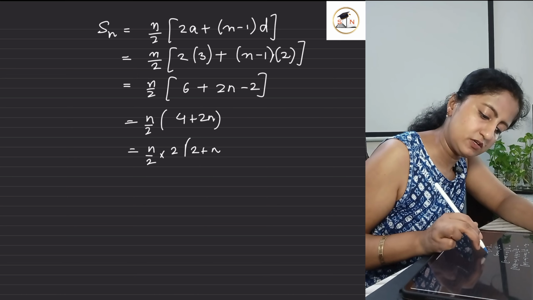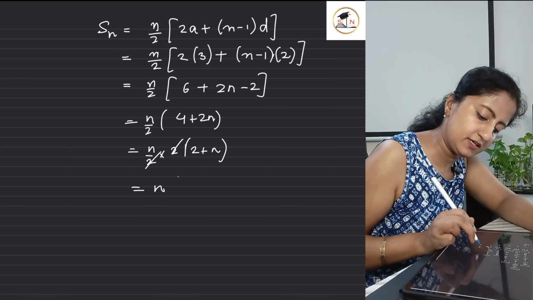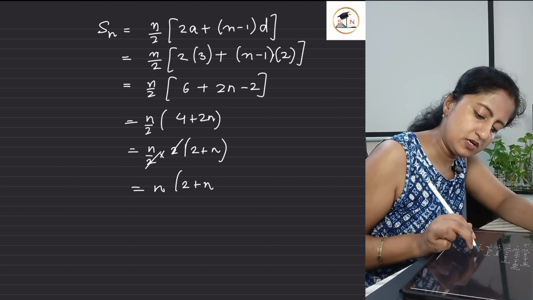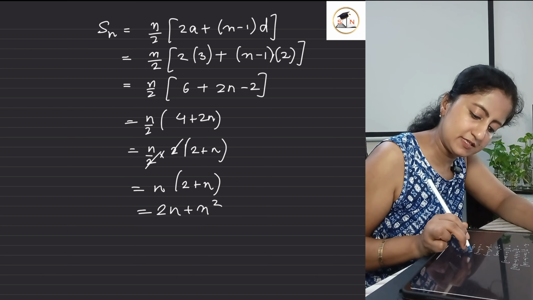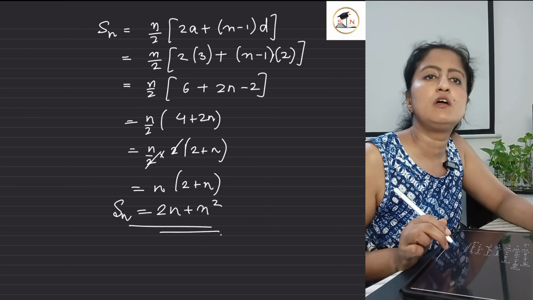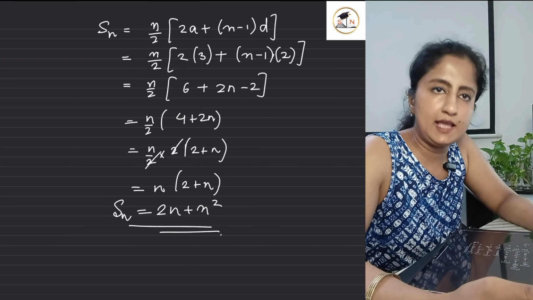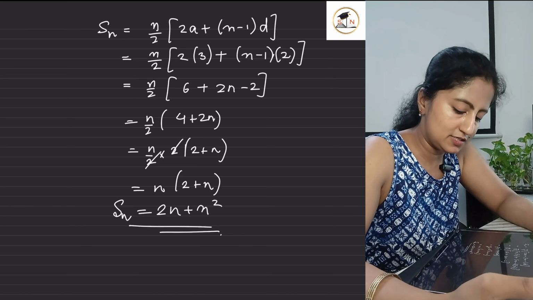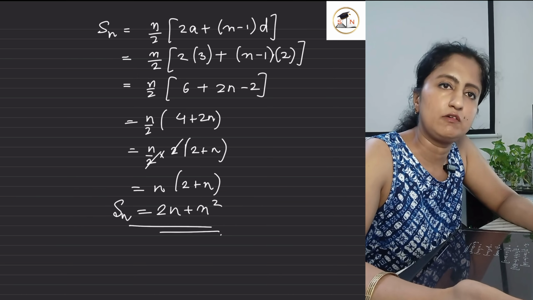It leaves me with 2 plus n. 2 got cancelled, and hence my final answer is n times 2 plus n, or we can write it as 2n plus n squared as Sn. This is your final answer. They had asked for the sum of n terms, so the answer is supposed to be in terms of n, and this is how we solved it.